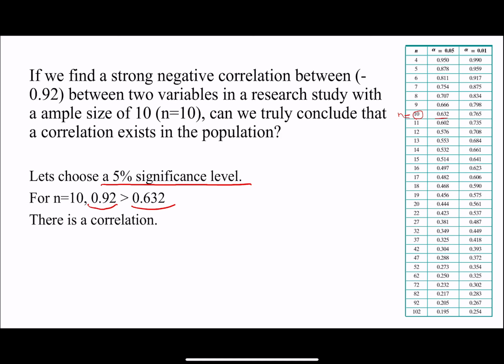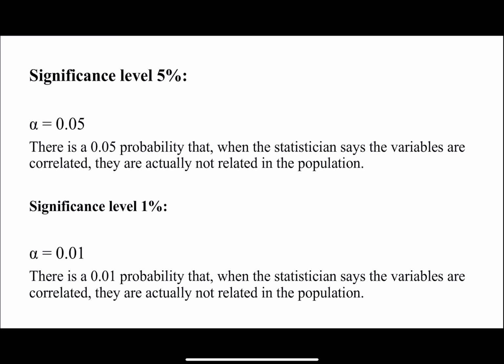And I said there is a correlation, but there is a 0.05 probability that when I say the variables are correlated, they're actually not correlated. And a significance level of 1%, when alpha is 0.01, means there is a 0.01 probability that when I say two variables are correlated, actually they are not correlated.